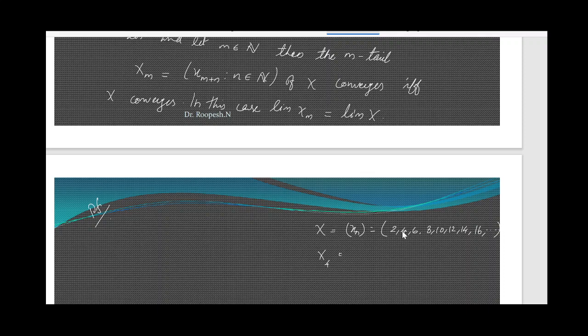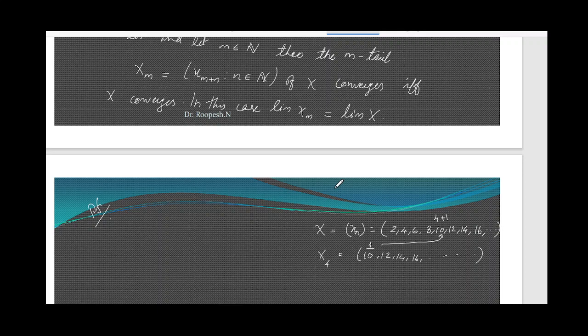So 4 tail means 1, 2, 3, 4, so I should start with 10, 12, 14, 16, etc. Now you can say that in the m tail, this 10 is going to be the first element, but in x_n, it is going to be the 1, 2, 3, 4, 5, fifth element. That is the 4 plus 1th element when you are taking the m tail.